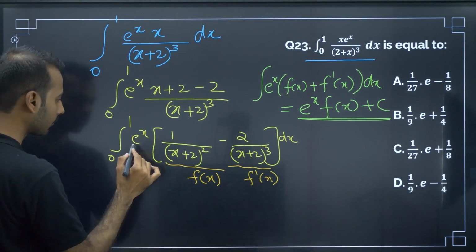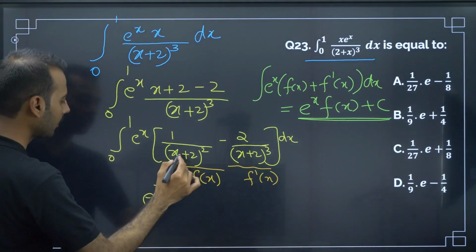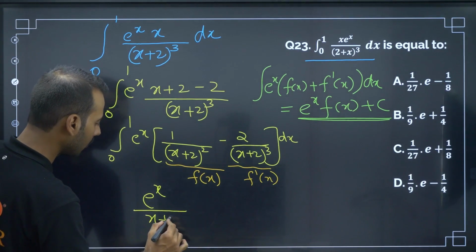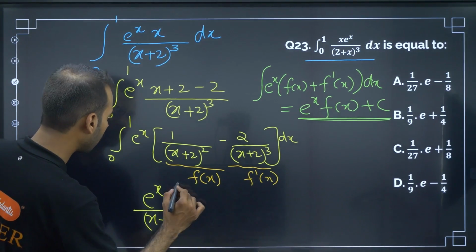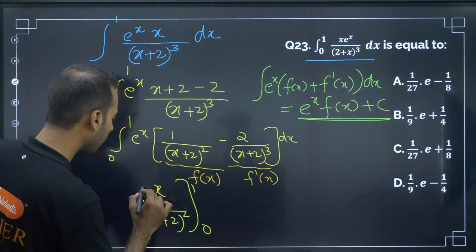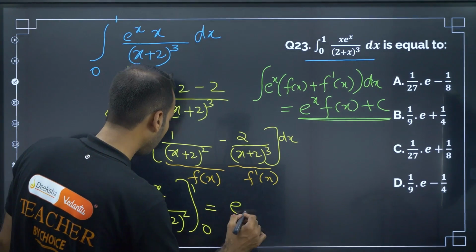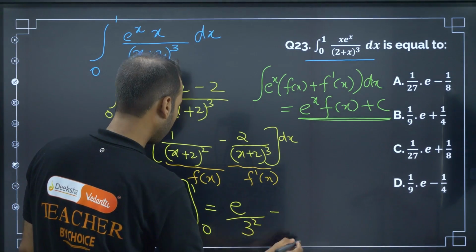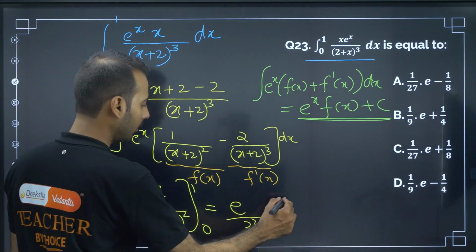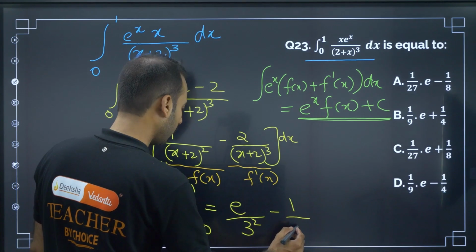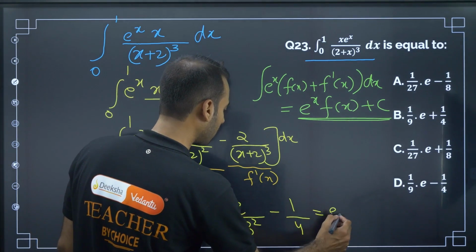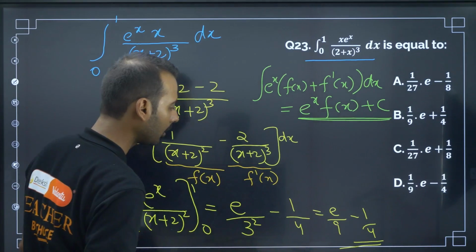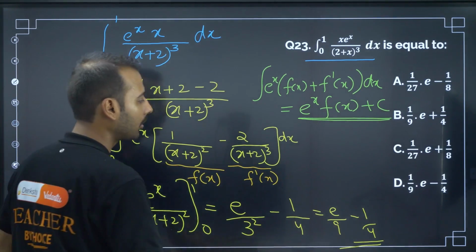So e raised to x f of x, that is e raised to x by x plus 2 whole square, from 0 to 1. So this is e by x plus 2, which is 3 square, minus the lower limit 1 by 4. So e by 9 minus 1 by 4. Is there any such option? e by 9 minus 1 by 4. Yes, D is the answer.